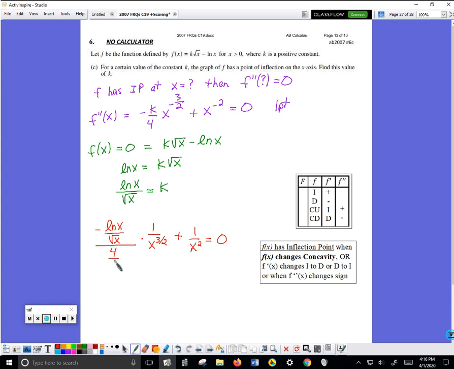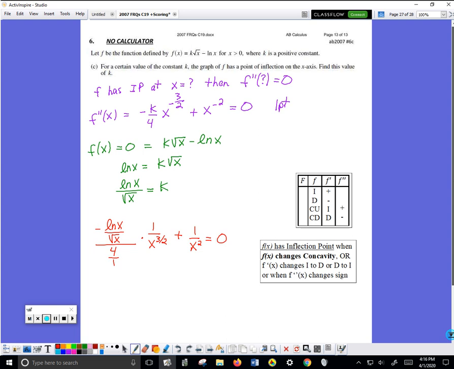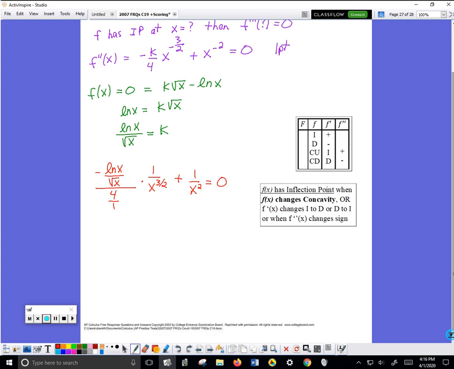This is 4 over 1, so when you invert and multiply, you're going to get negative natural log of x all over 4 times root x times 1 all over x to the 3/2 plus 1 all over x squared must equal 0.